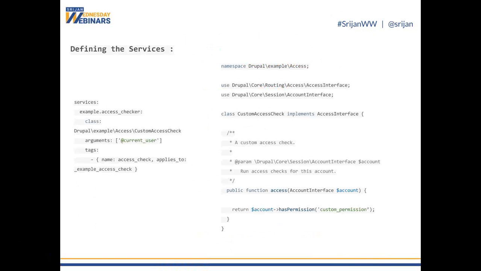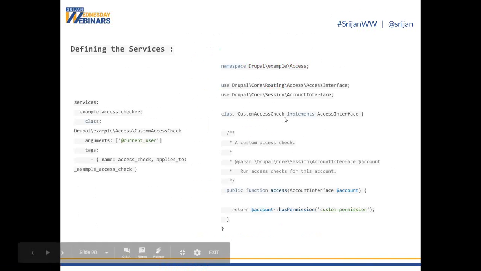On the right hand side, I have a PHP file that checks the access for the user for the current route. It returns whether the user currently has the permission for the route or not. For defining the permission, there's another permissions.yml file in Drupal 8. After defining the permissions, we can create a simple custom access check inside the SRC folder for the event dispatcher.